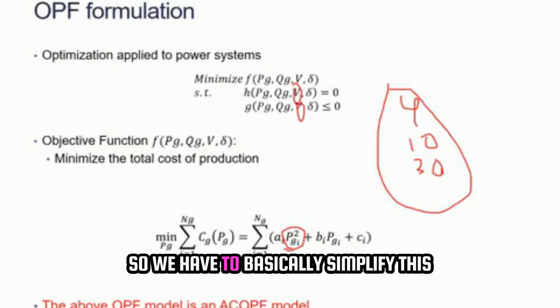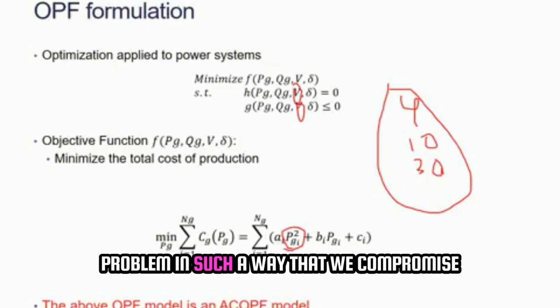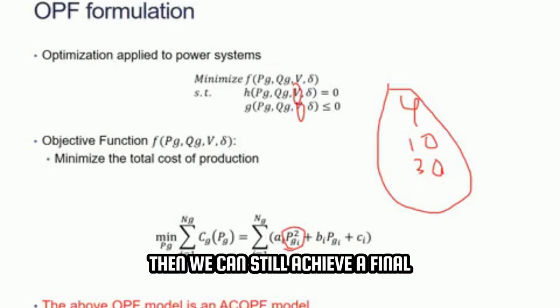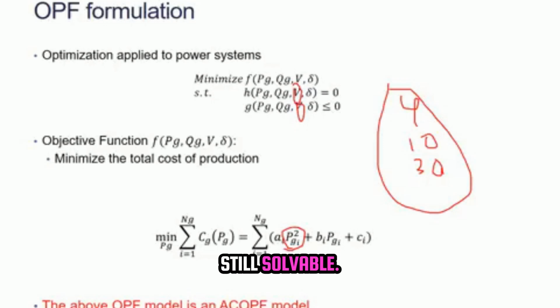So we have to simplify this problem in such a way that we compromise on the least of these features, and still achieve a final OPF model which is solvable.